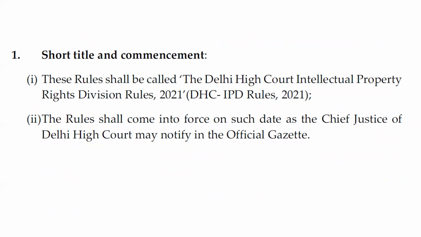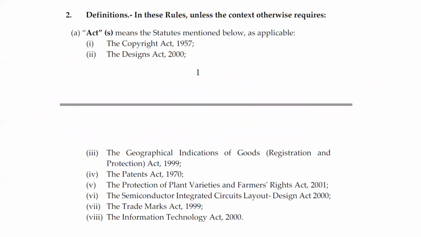We have already discussed when the date will start, so you can watch the previous videos. I will not go much into that detail. There are some definitions. You can see this Tribunal Reform applies to the Copyright Act, Designs Act, GI, and you see number 4, the Patent Act 1970.